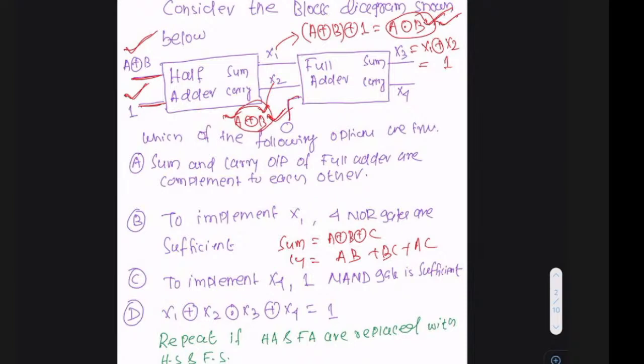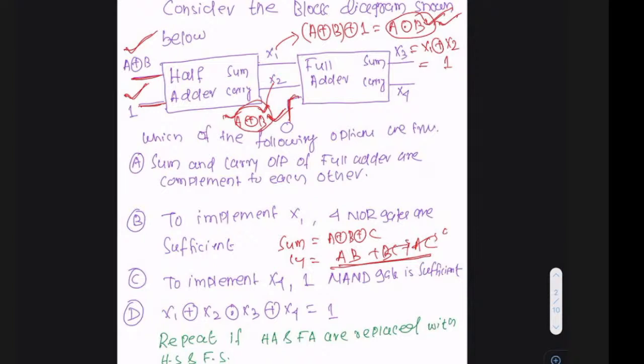So what about option A? Sum and carry output of full adder are complement to each other. So let us first find the carry, and then we can comment on this properly. Carry is AB plus BC plus AC. Wherever C is there, that term will be 0, because C is basically 0.